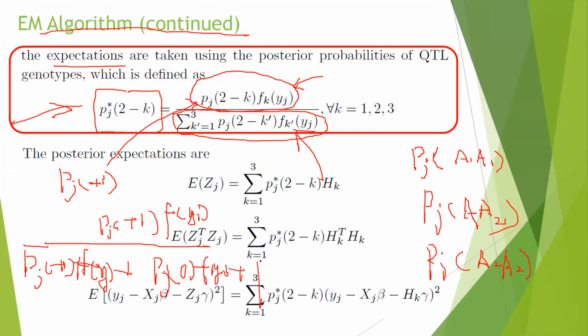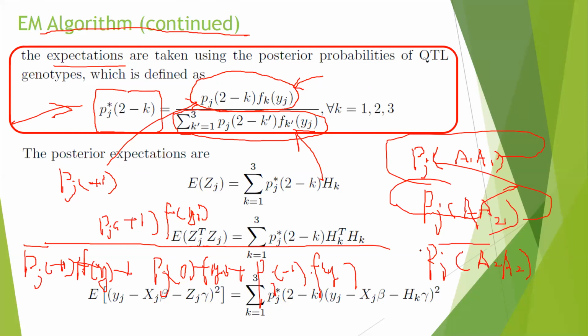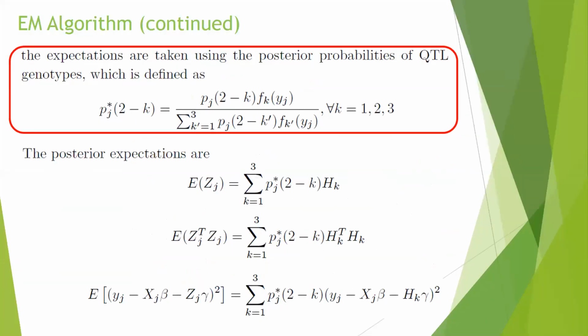And plus Pj minus 1 times the density function. Is that clear? So we use this to calculate the expected value for each of these. Once we got this, we can move to the maximization step to use the MLE to get the closed form of the solutions for the parameters of interest. Any questions on this slide?